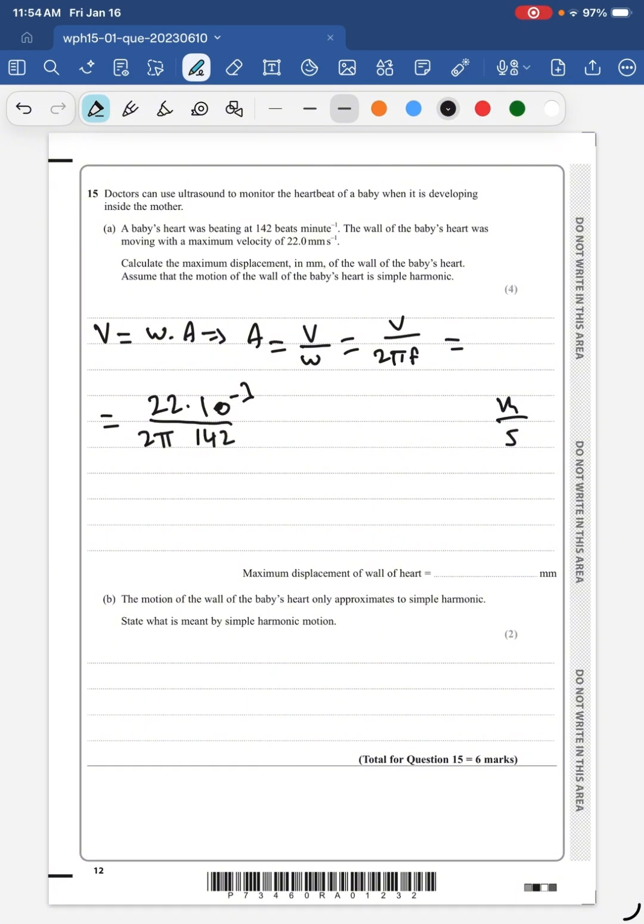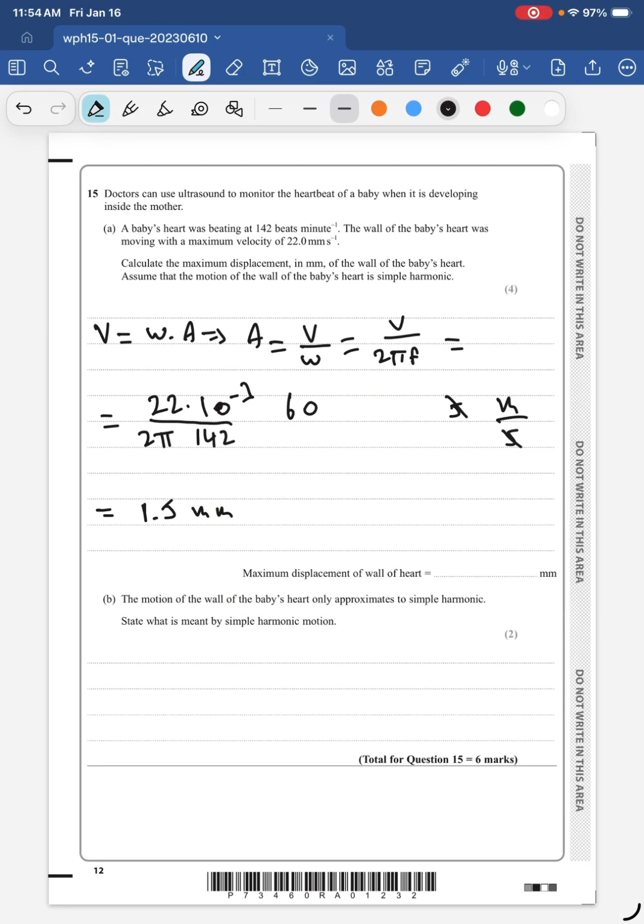Beats is unitless, per minute, and minute should go in the numerator. We need to convert a minute to seconds, so what's 1 minute in seconds? 60 seconds. Seconds cancel. And if we work this out, we find 1.5 millimeters.